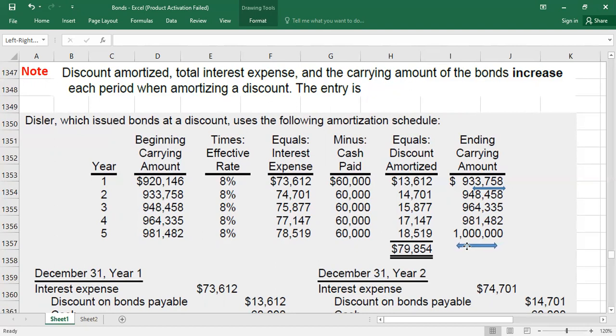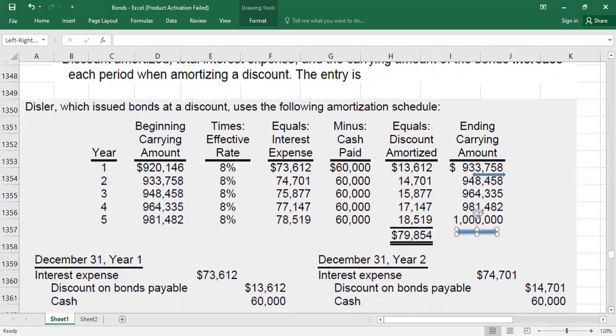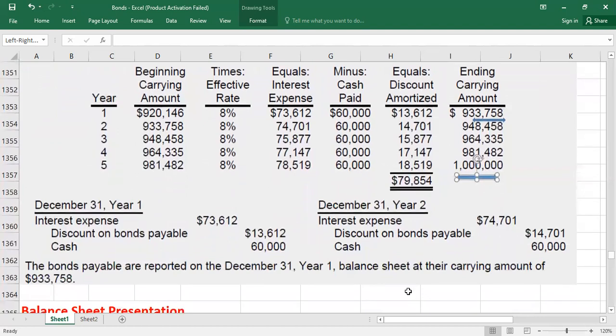Now here, we need to understand what entries you will pass and how we can present them in the financial statements. In the first year, we are going to record the interest expense, the amortization of discount, and the cash payment. So what is the entry you will pass in the first year?